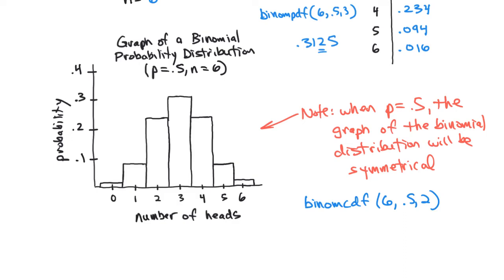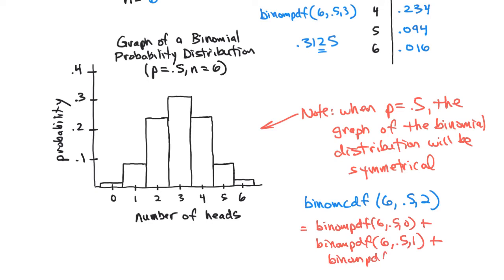So really what this means is I'm going to take binomial PDF 6, 0.5, 0 plus binomial PDF 6, 0.5, 1 plus binomial PDF 6, 0.5, 2.